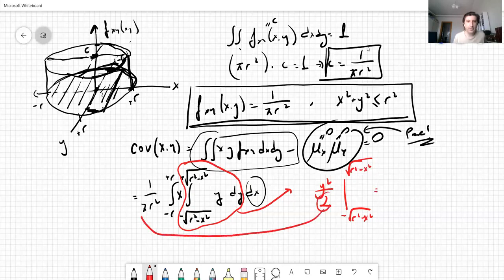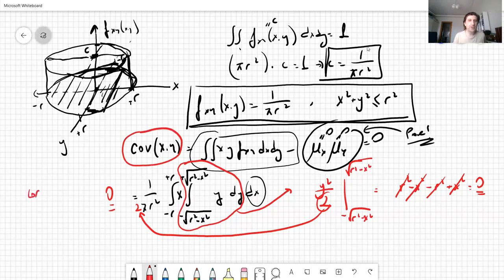So instead of this one, it's going to be r² minus x². When you put this whole thing in place of y², the negative sign will turn positive, and this is going to be minus r² plus x². These will cancel, and we get 0 here. Therefore, even in the inner integration we got 0, so the integral is equal to 0. Hence, covariance is going to be equal to 0.